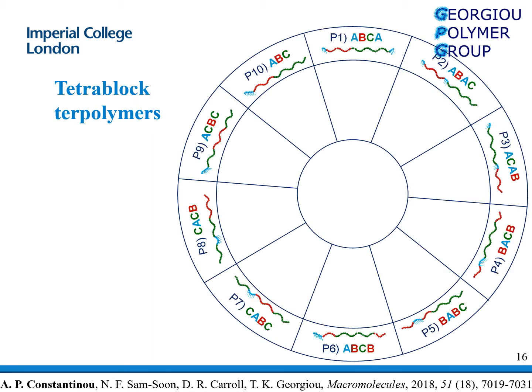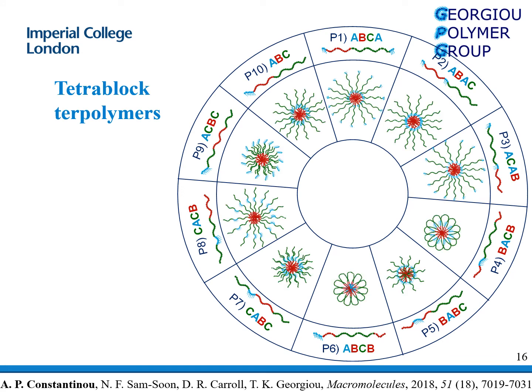So in this study, depending on the different architecture, we have a different self-assembly. So for example, we can either have the traditional core-shell micelles, or these here are flower-like micelles, because you can see that the polymer chain bends to form the micelle, and it was actually proven that the different architecture controls the self-assembly, and it also controls the gelation.